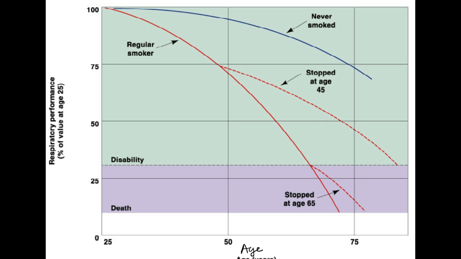Now this person over here who stopped at age 45, by the time they get to that area, maybe they're around 80 years old. Human lifespan is getting, on average, up into 78 to 80 years old. That's on average. So there's a good chance that if you make it to that time, if you smoked until you were 45, you're going to enter into disability, compared to if you never smoked.